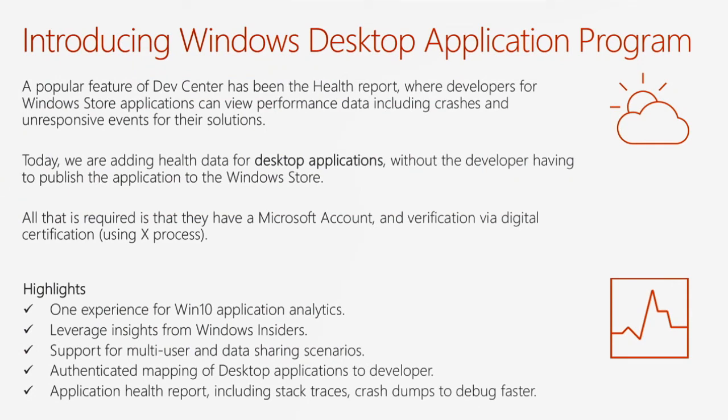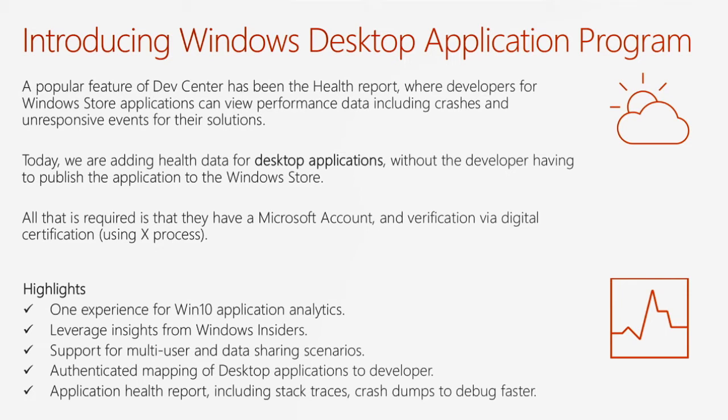Okay, so I want to move to the first demo. I mentioned earlier on the slide that was around our compatibility promise that we're committed to continue to bring insights to our application developers. We're doing it today for modern, and I'm happy to introduce to you today the Windows Desktop Application Program. And this is geared for Win32 developers that are distributing their apps outside of the store.